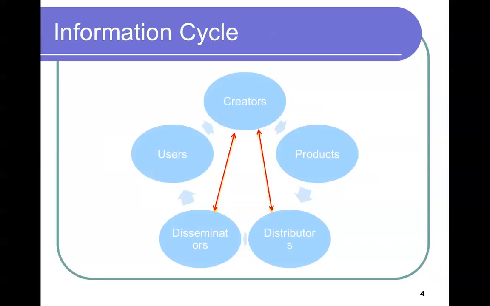So the two arrows between creator and distributor, and creator and disseminator, indicate that because of the development of new technologies, creators can reach disseminators or distributors or even users directly with their website, their blog, their Facebook.